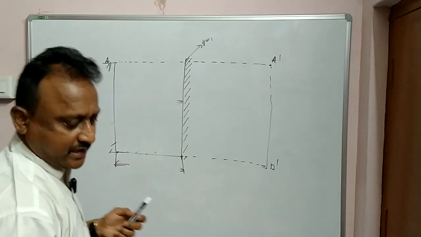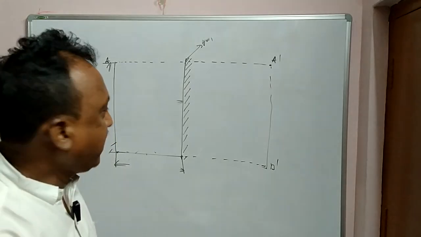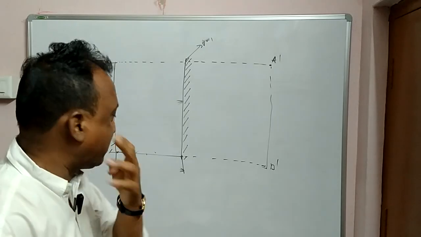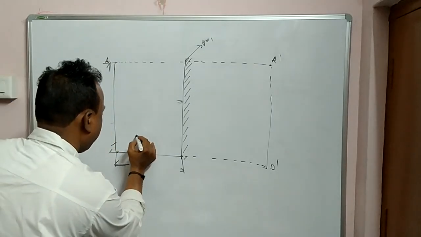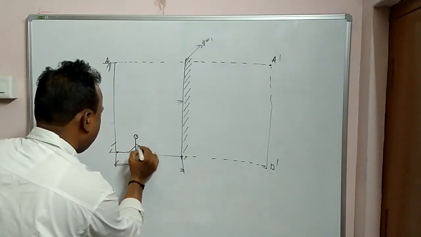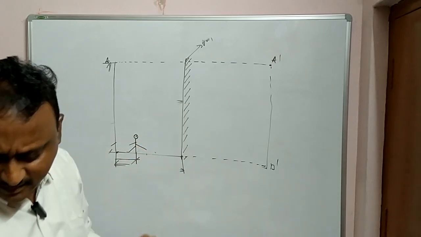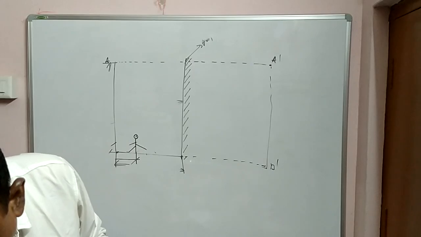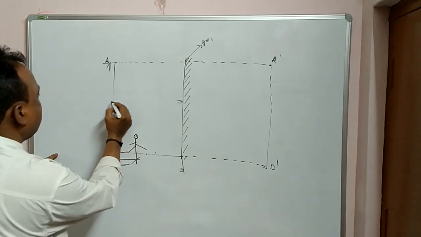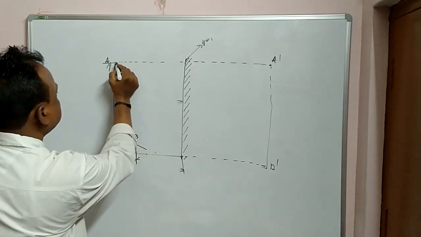Now the last version question. See here, now the boy or girl is not standing exactly in between. Some variation is there. For example, now the boy is in the same wall, same wall. Let h be the height of the wall.